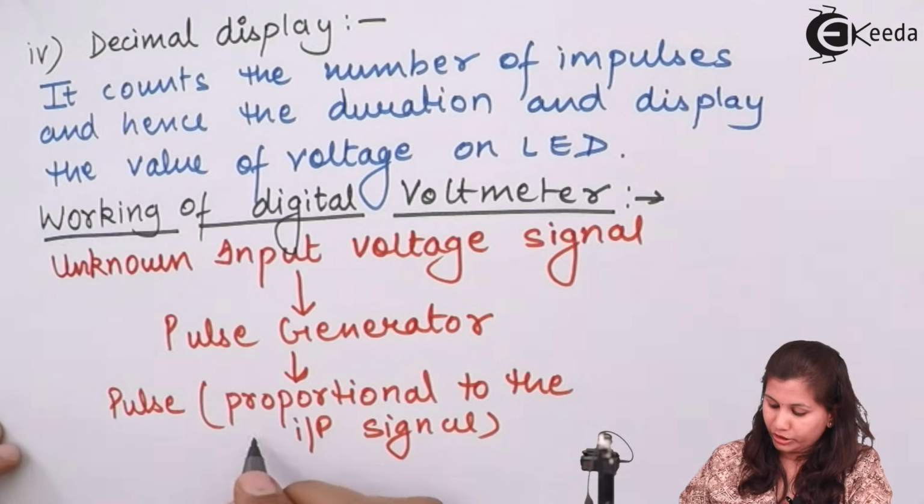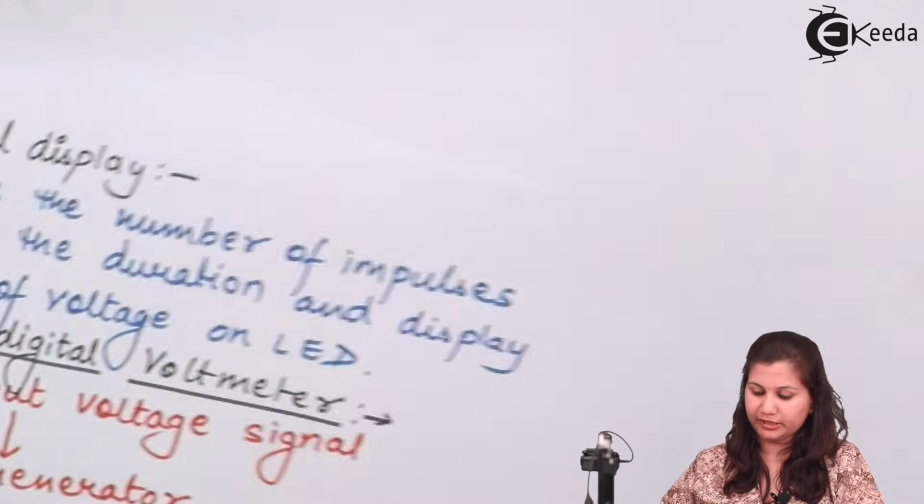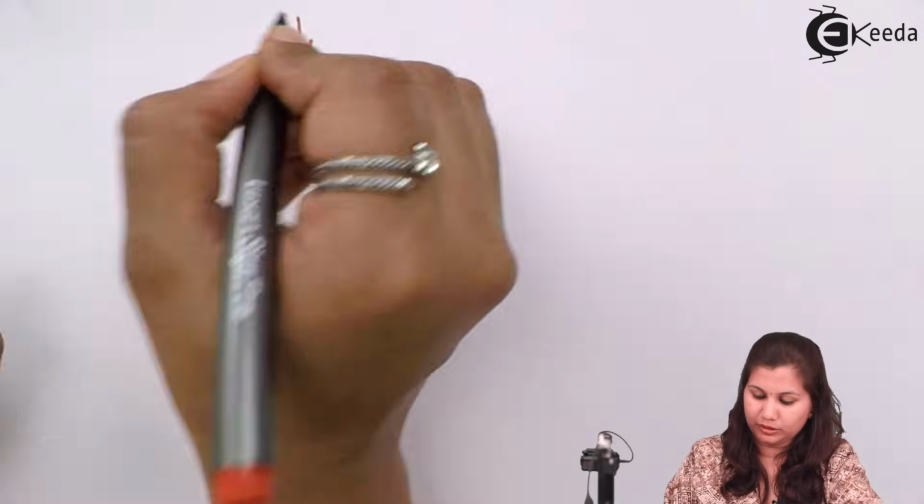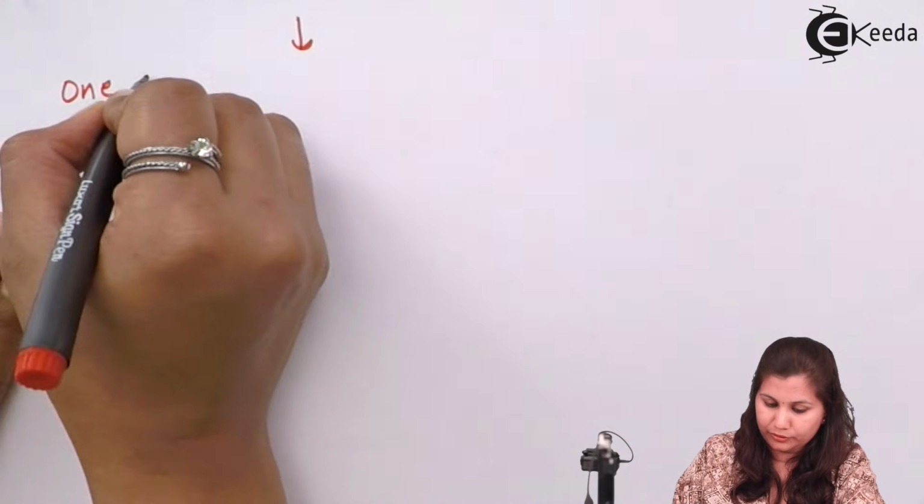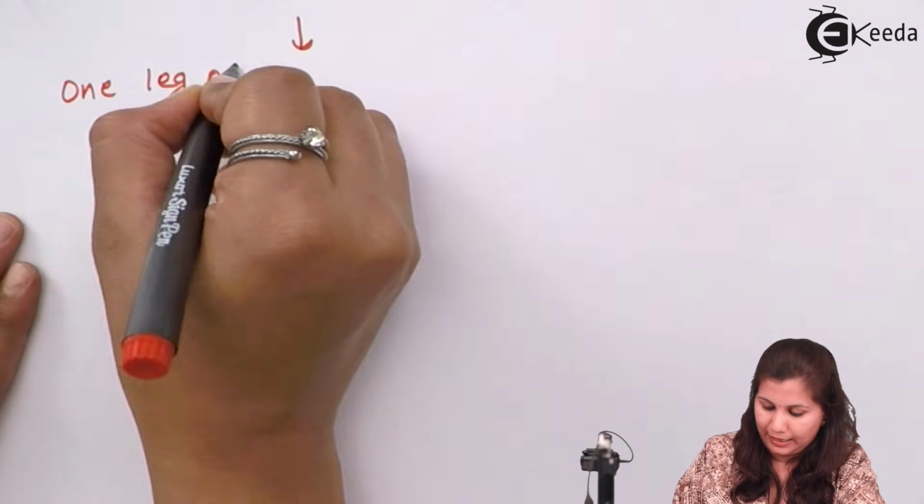The output of the pulse generator is given to one leg of the AND gate.